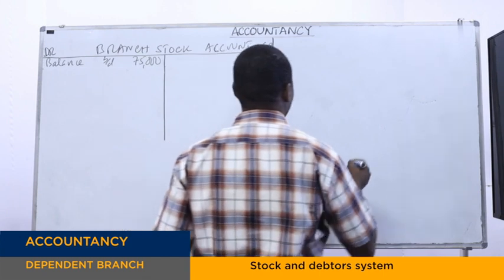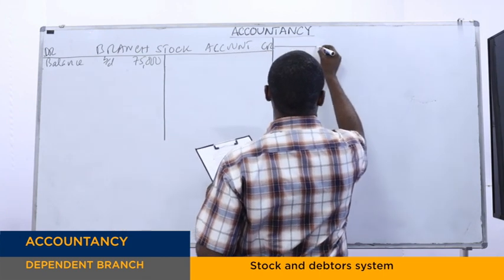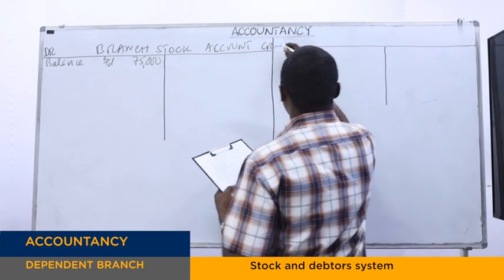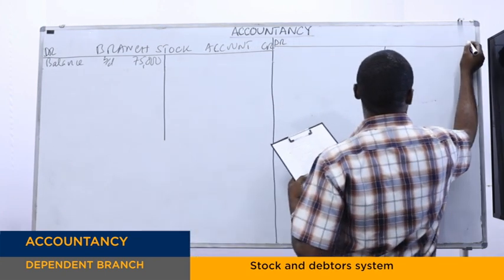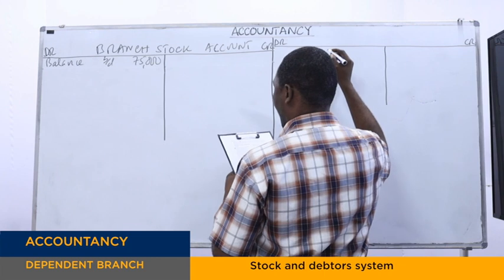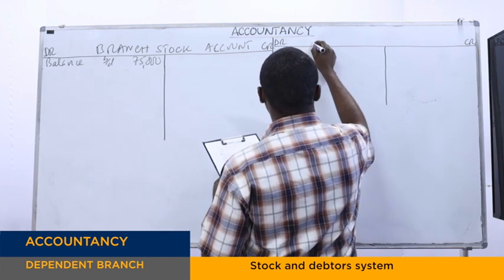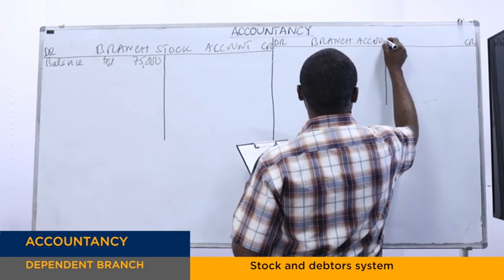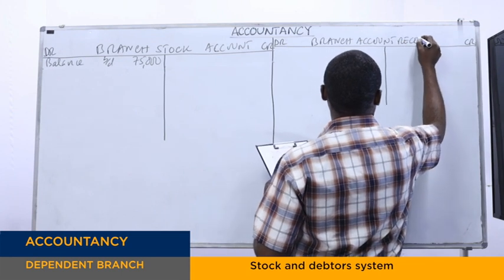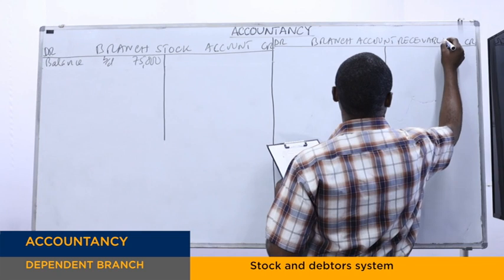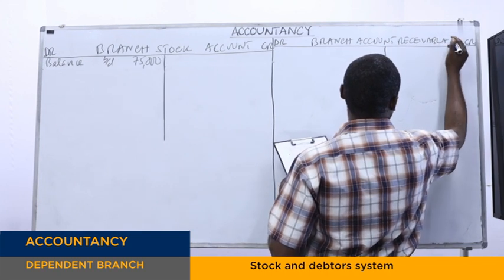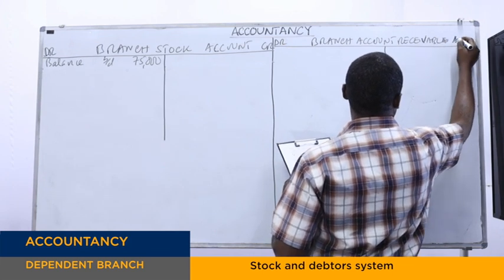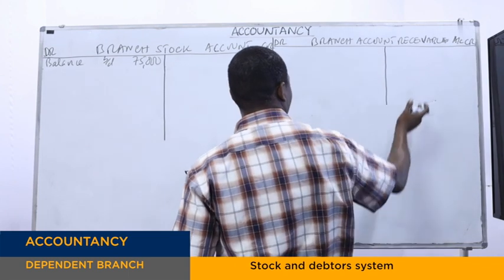And I have the account receivable. Let me open it here. This is the branch account receivable account, in other words, the debtors account.